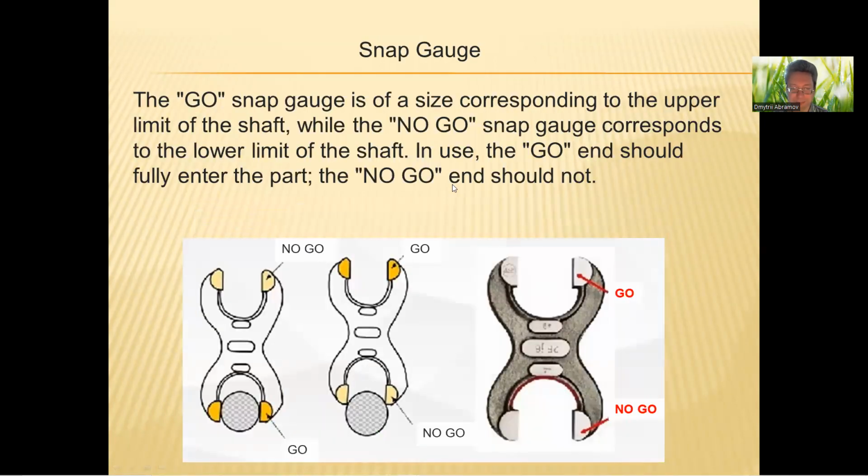Snap gauge. You can see again go side and no go side of the snap gauge. The go snap gauge is of a size corresponding to the upper limit of the shaft. You can see the shaft.